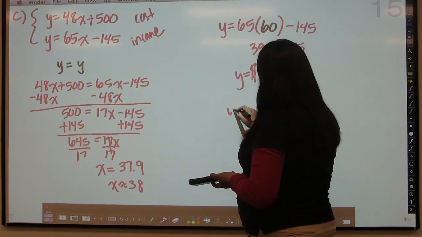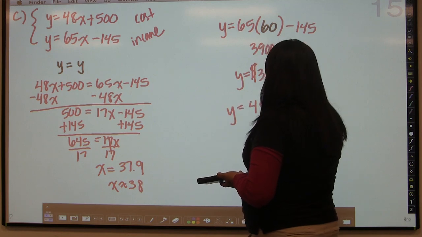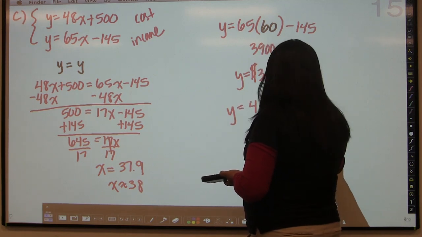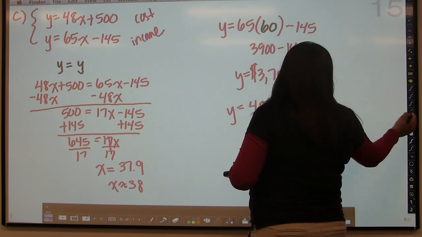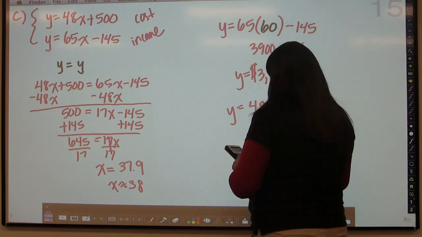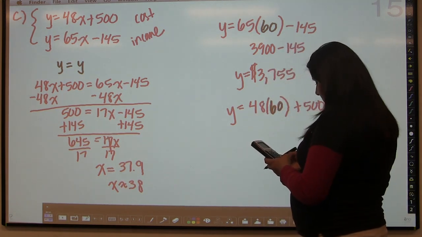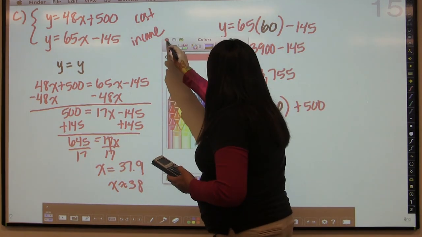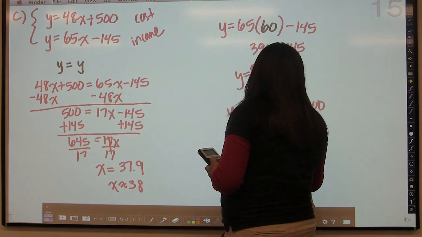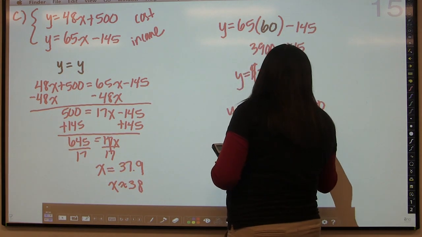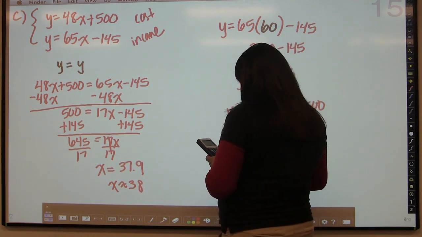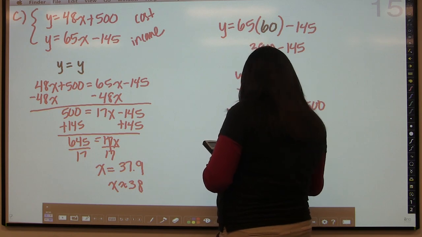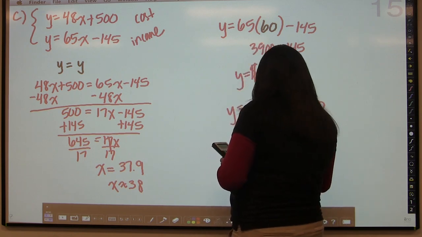So the cost would be y equals 48 times 60 plus 500, like that. So we're going to 48 times 60, which is 2880, plus 500, which gives you a cost of $3,380.